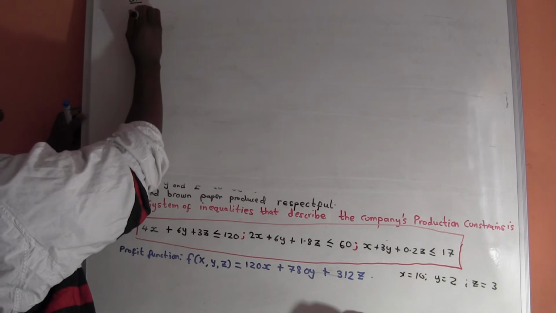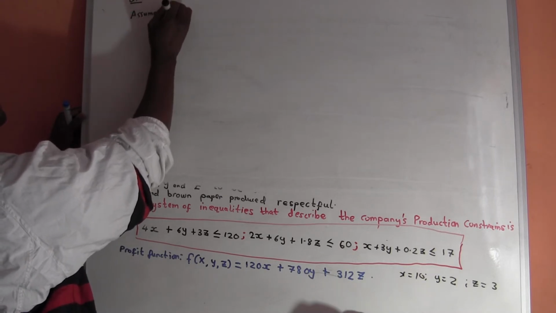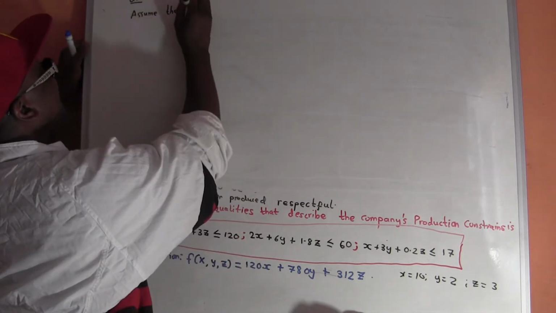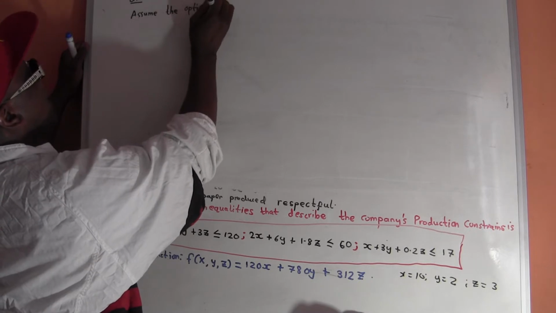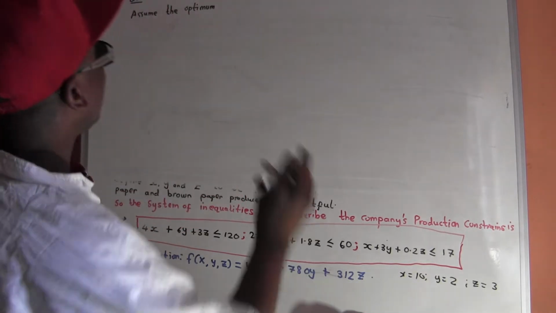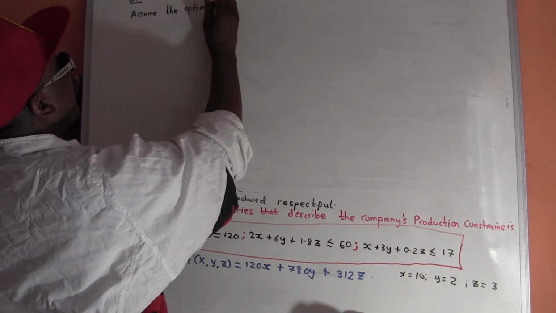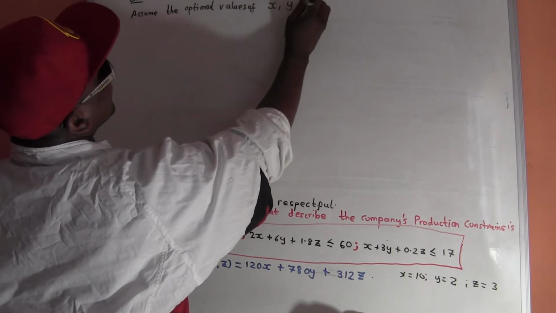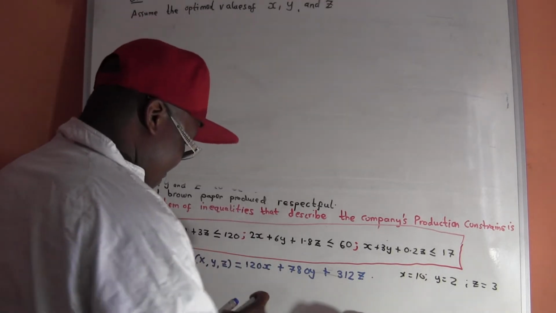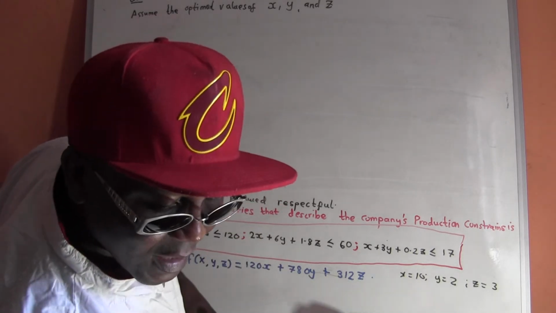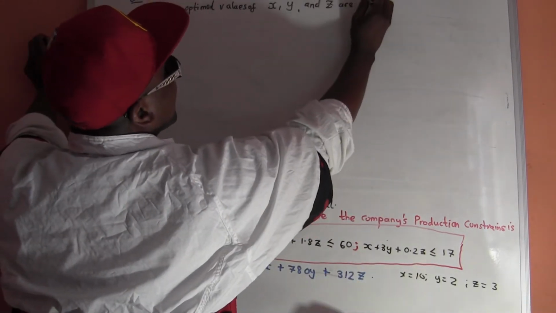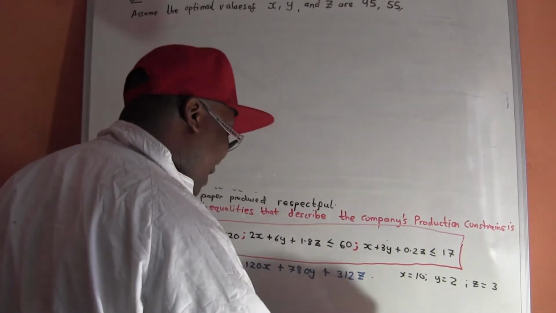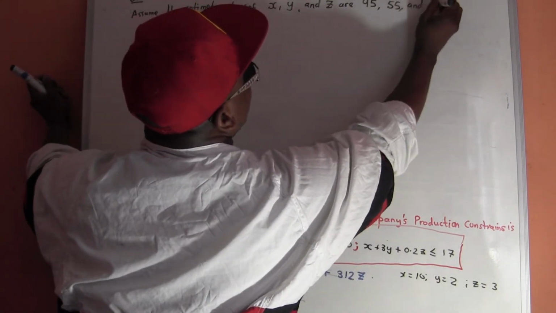By the continuation of the question, assume that the optimum values of X, Y, and Z are 95, 55, and 45. So they want us to find the profit.